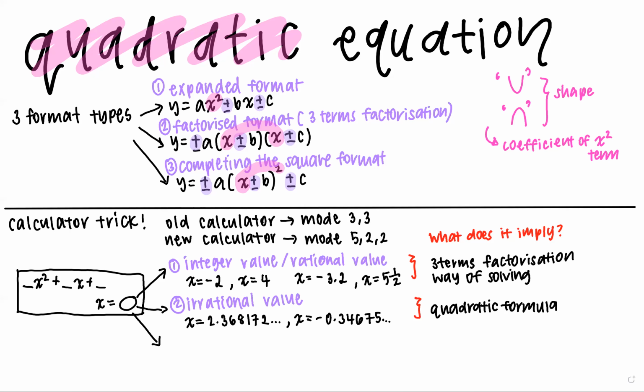Okay, so now the third one is called imaginary numbers. This is something new in the calculator. So may I know, guys, who is using the old calculator and who is using the new calculator? Using the new one. Okay, everybody using the new one. Can you press mode 522 in your calculator right now?